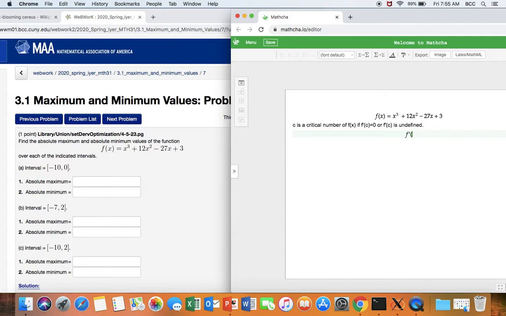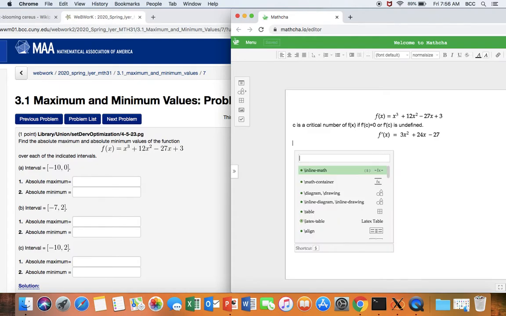So what is f prime of x? Here it is 3x squared plus 24x minus 27. Get that? 3x to the 2, this 2 comes down, 24x to the first power, minus only 27 survives. 3 being a constant, there is nothing to it, no derivative.